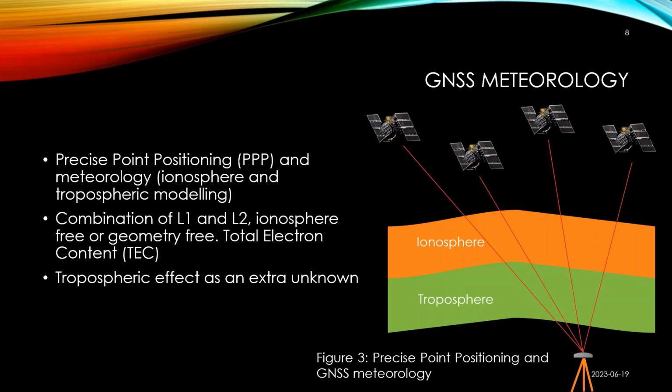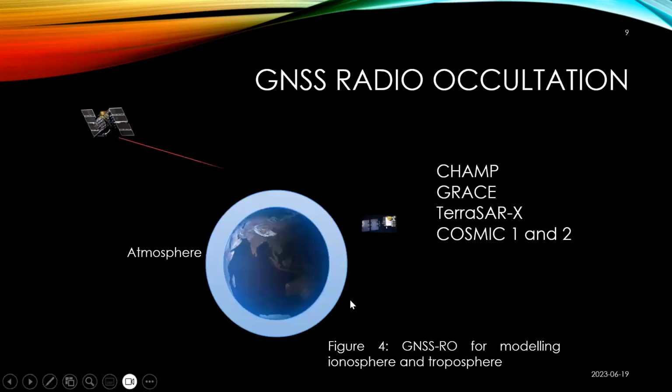They are limiting the accuracy of the positions or the measurements. But we can do it the opposite way. We can assume that the coordinates of the points on the ground are known, and the satellite positions are known, and we want to see what is happening to the signal or the measurements, and how the atmosphere can affect them. In that way, we can solve the inverse problem and determine, for example, the total electron content inside the ionosphere, or also model the troposphere.